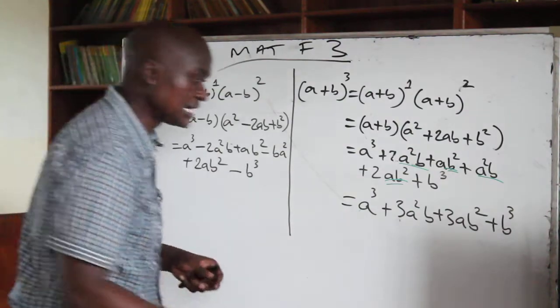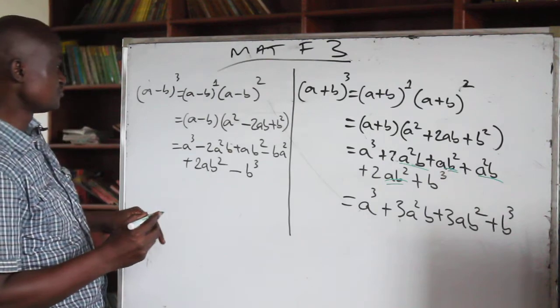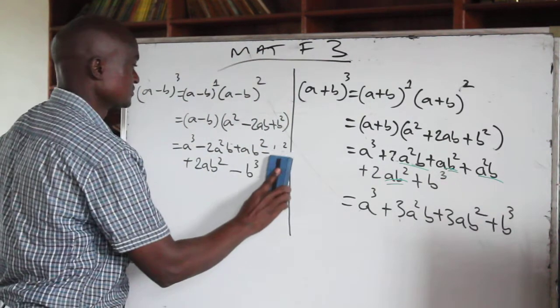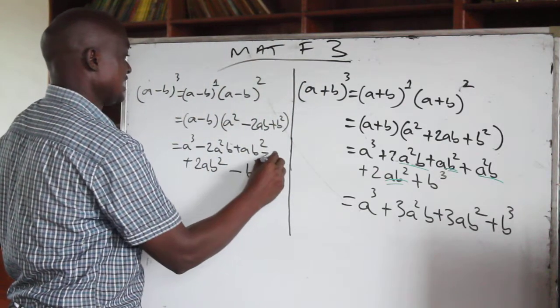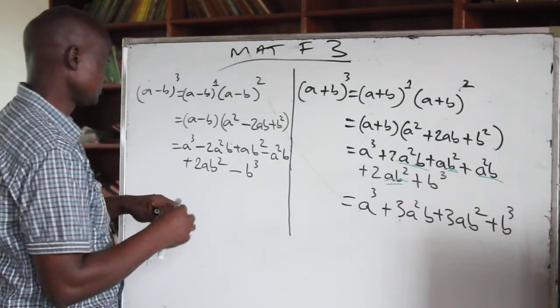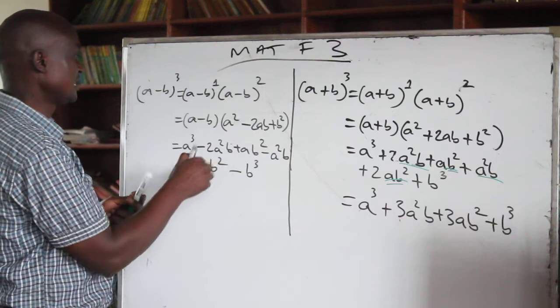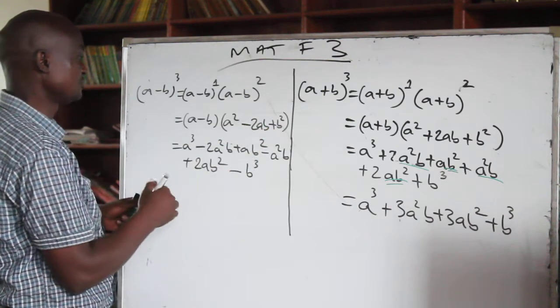Now again, if you look at this, what we have here, we have 2a squared b. Let me rewrite this one a bit here. It is like a squared b, and this by that is 2a squared b. This by that is ab squared.